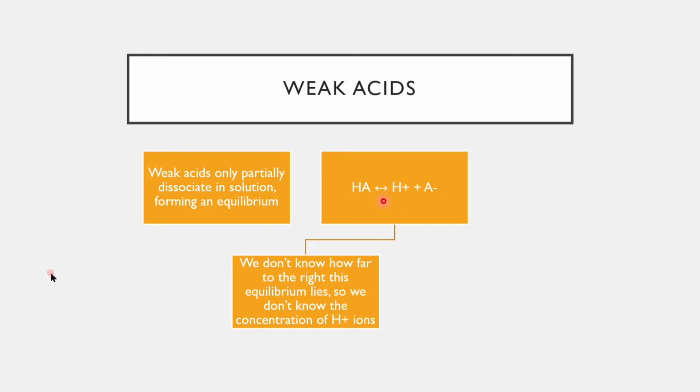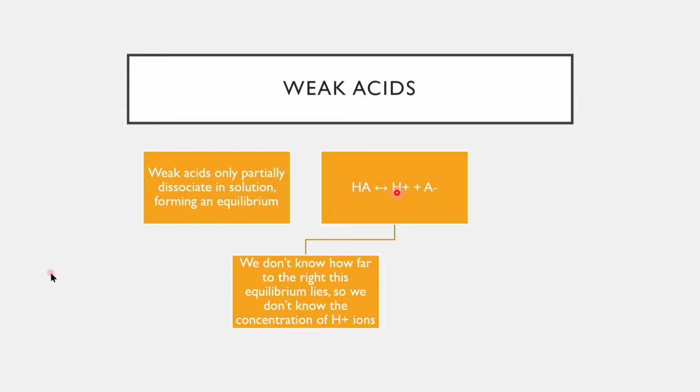This means that we cannot work out the concentration of our H+ ions the way we did with strong acids, because with strong acids we knew how many moles of strong acid we had, so we could work out how many moles of hydrogen ions we had, because we knew all of the molecules dissociated.